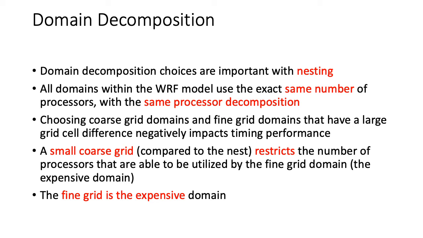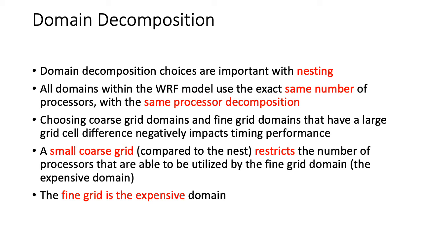While the sizes of the decomposed domains are not the same, the exact same processor decomposition is used. So if there are 10 decompositions in the j direction and 7 decompositions in the I direction for domain number 1, that exact same number of I and j decompositions is on each of the nests that are inside of the WRF model.